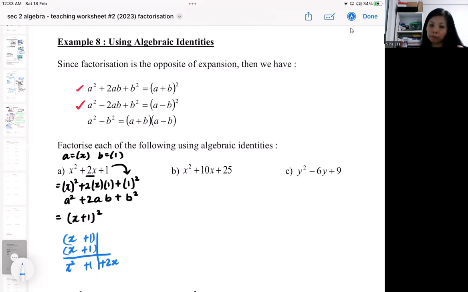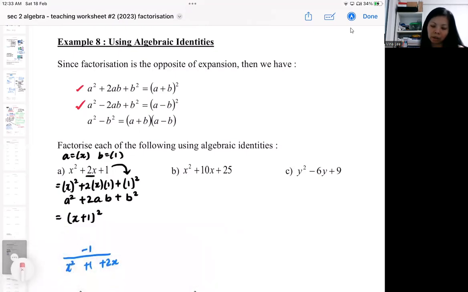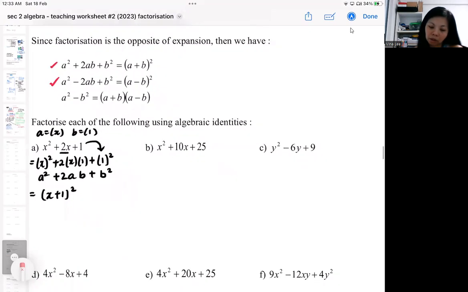You can give it a try. If you cannot recognize it, but you realize that it's a quadratic expression, you can still go back to your cross method. But I will advise that you learn to recognize it. It helps in your upper secondary work, so if you can recognize it, it's actually easier.